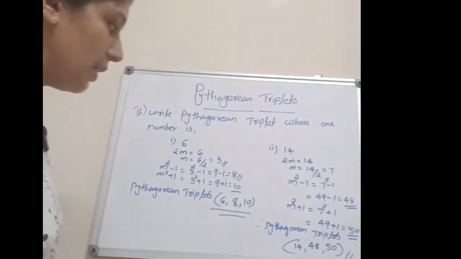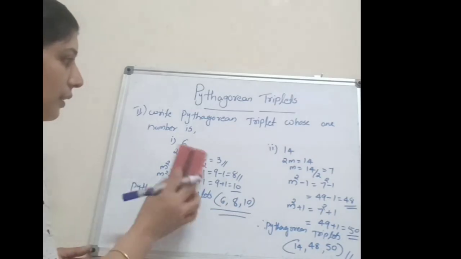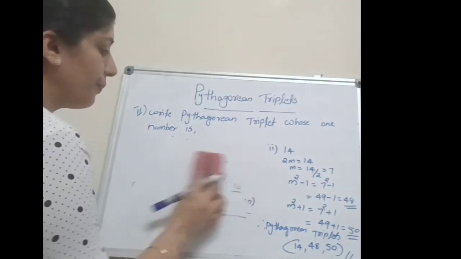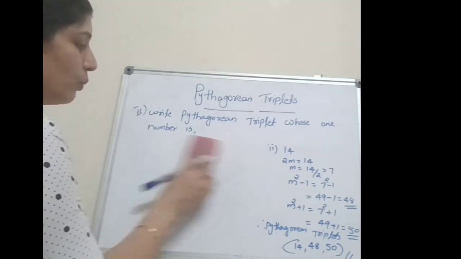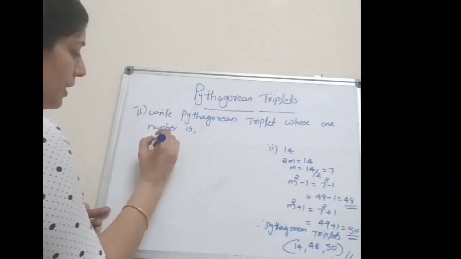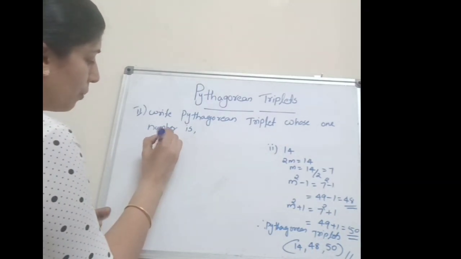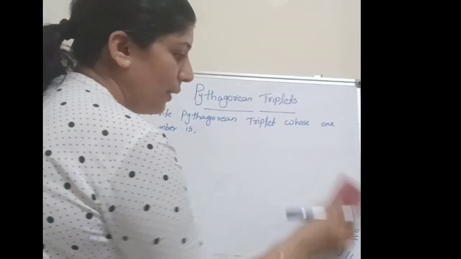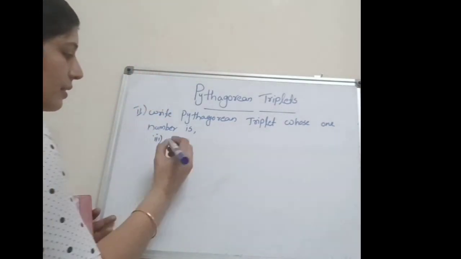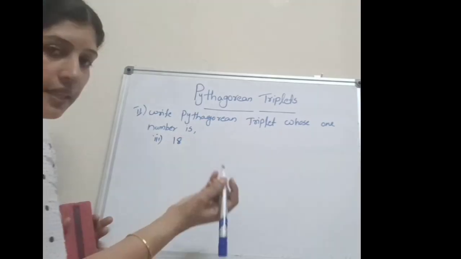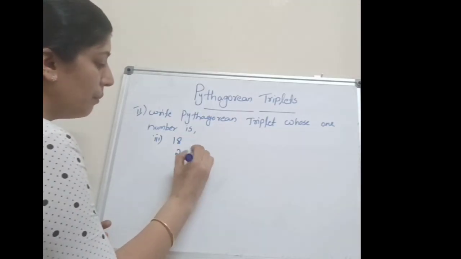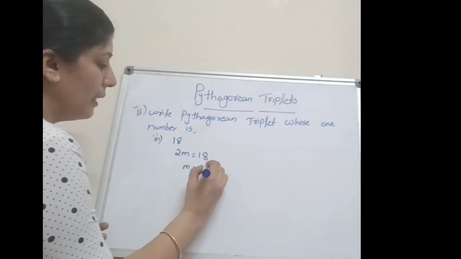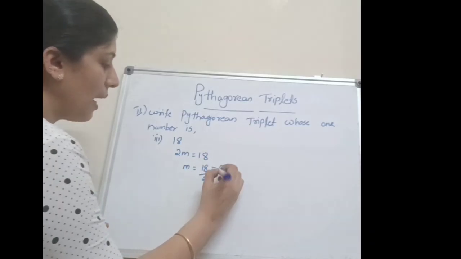Next, consider the question whose one number is given, 18. That is, the one side is given 18. Then, what about the Pythagorean triplets? 2m equal to 18, therefore m equal to 18 by 2 equal to 9.